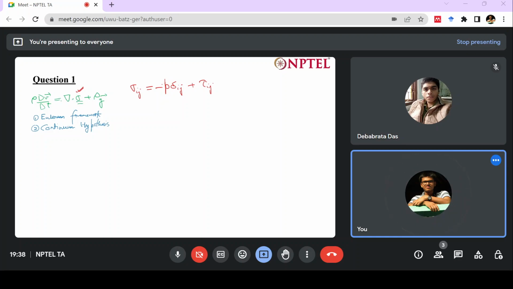This P here is the thermodynamic pressure, not the mechanical pressure. Mechanical pressure is basically taking the trace of this and dividing by 3, so mechanical pressure is one third sigma kk. But that will include the trace of the second term as well, so it will not be equal to the pressure term only.